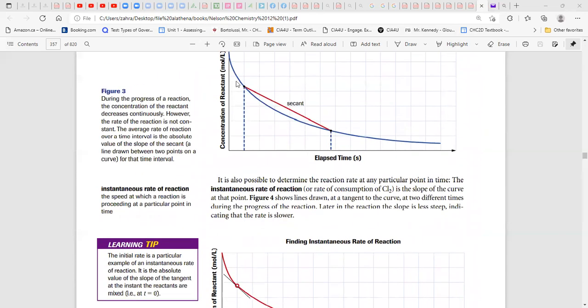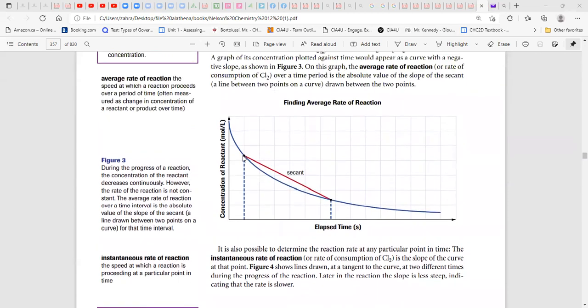Between two times, if you draw a line, it will give you a secant line. The slope of this secant line gives you the average rate of the reaction, how fast the reaction is happening between the two times.